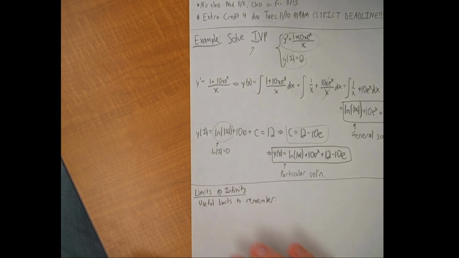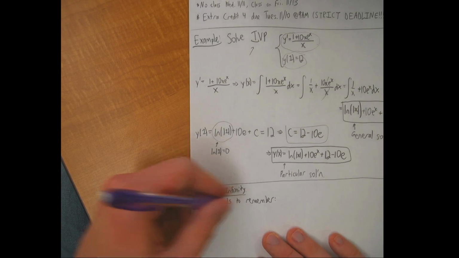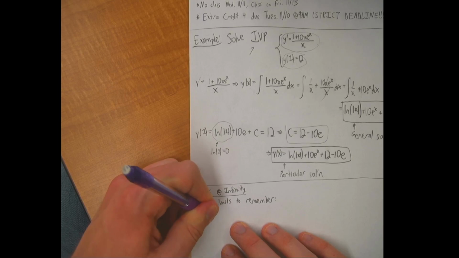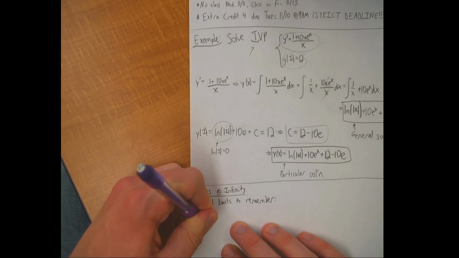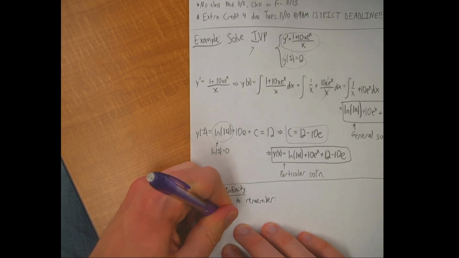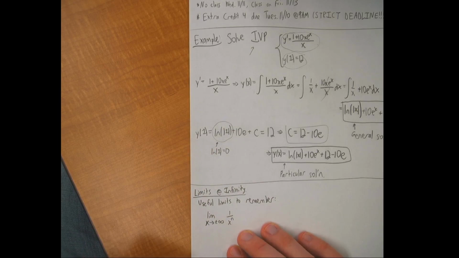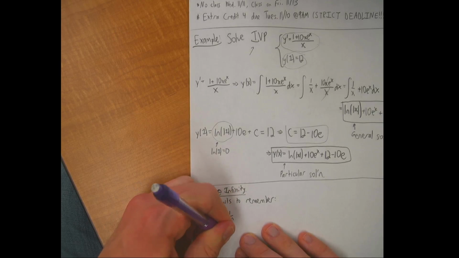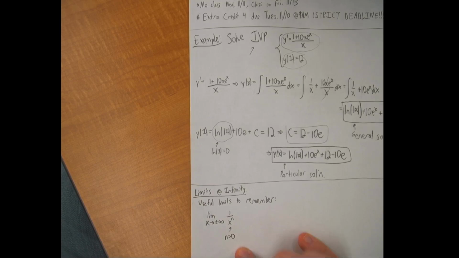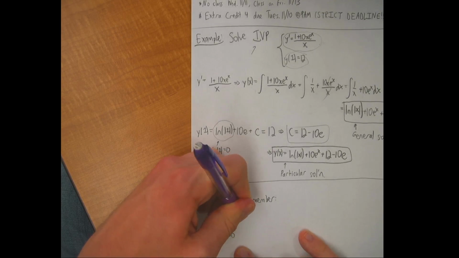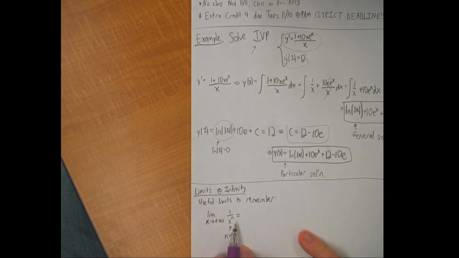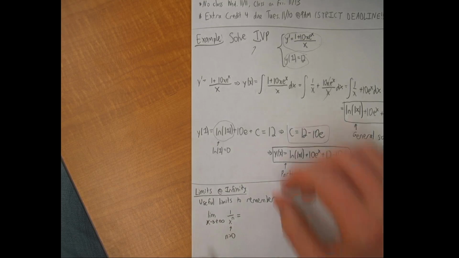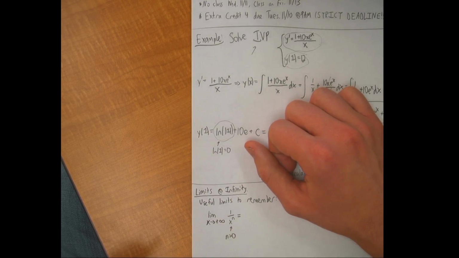If you recall, if we have the limit as x goes to infinity, or plus or minus infinity, of 1 over x to any power n, so 1 over x^n where n is greater than 0, what should that tell us about the value of this limit here? Let's consider the case n equals 1, for instance.